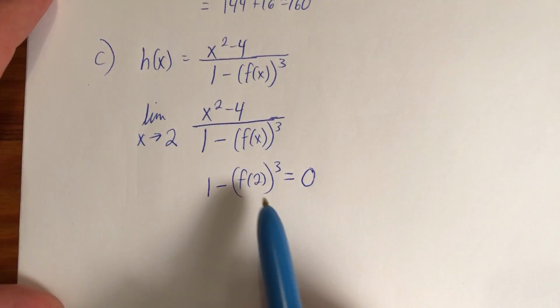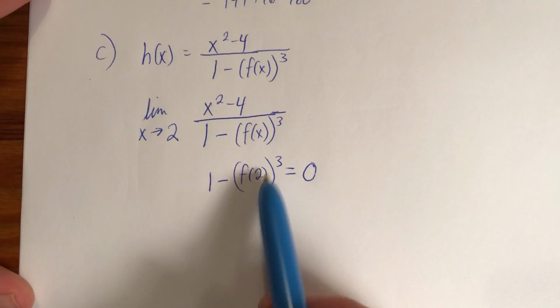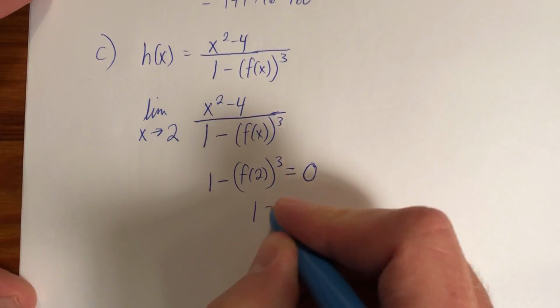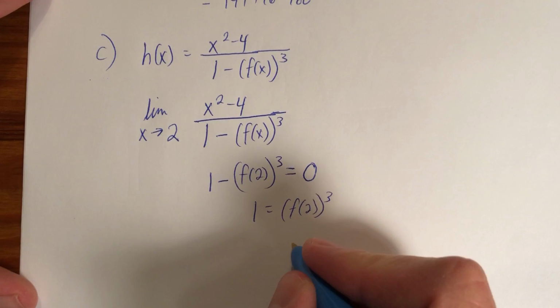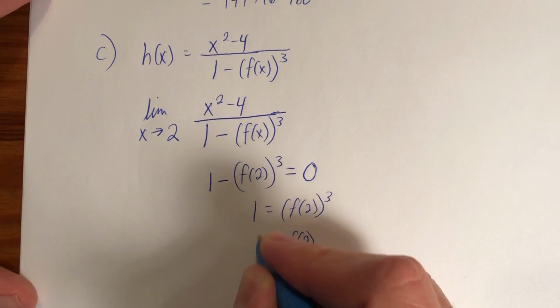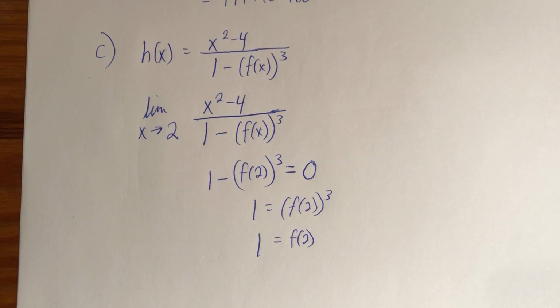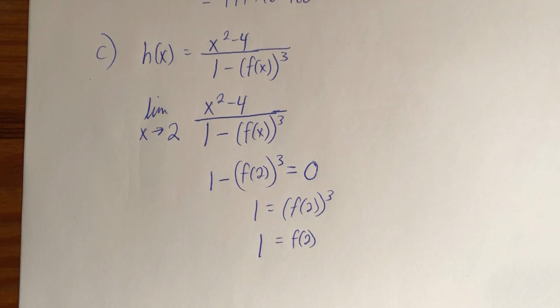So I'm going to solve this for f of 2, treating it like a variable. Let's bring it over. So 1 equals f of 2 cubed. We'll take the cube root of 1, so f of 2 equals 1. Yay, we found it, and that's worth 1 point right there. We have a few more points to earn on this little sucker, so let's keep going.